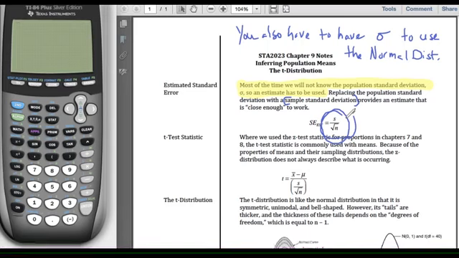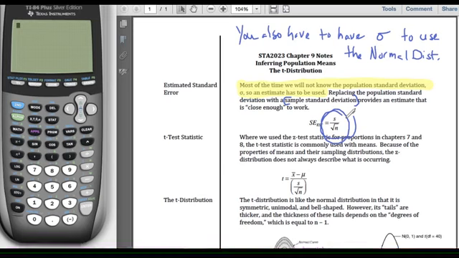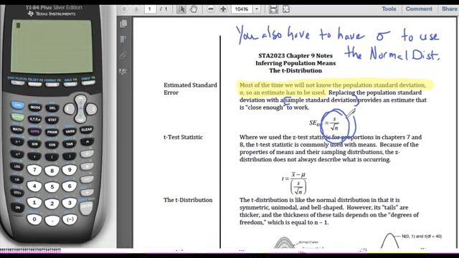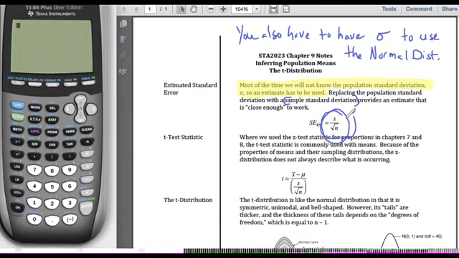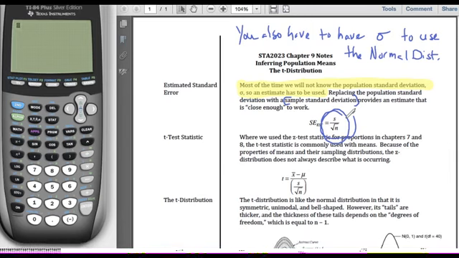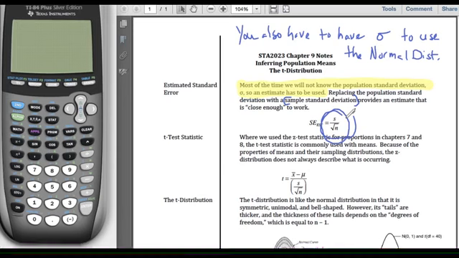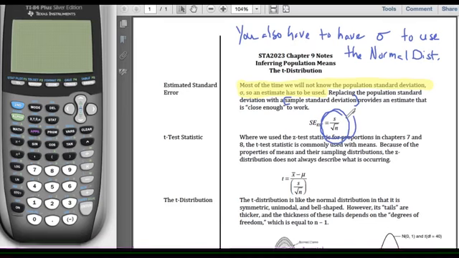So we're using a sample mean to make an assertion about the population mean. Well, if you have the population standard deviation, you probably also already have the population mean, because standard deviation relies upon mean, as we saw back in Chapter 3. So oftentimes you're not going to have sigma, you're going to have S.